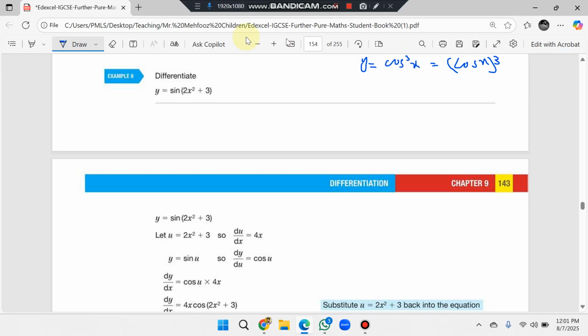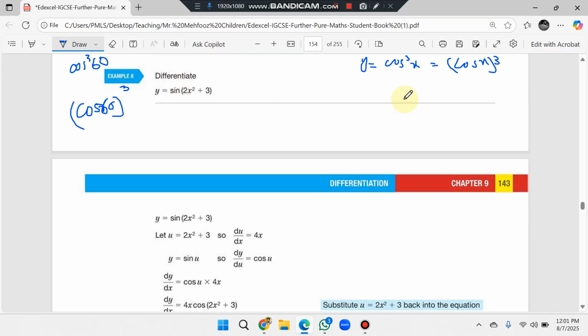So if you are finding the value of, let's suppose, cos cube 60, it means that we have to find the value of cos 60, then take the cube. So this is the trigonometric identity.